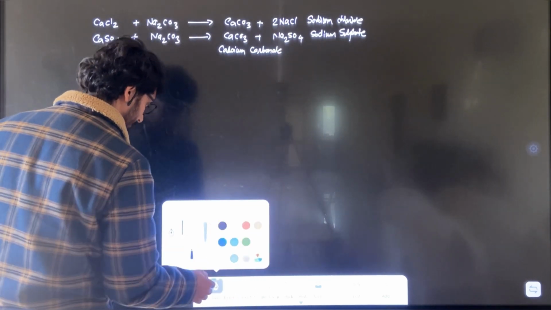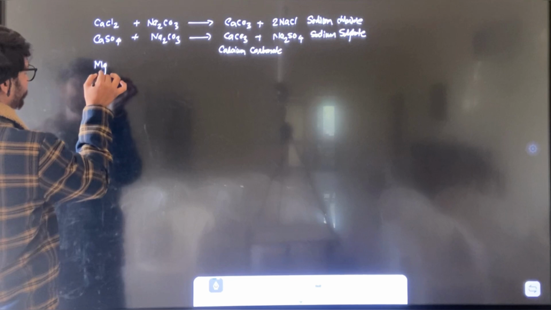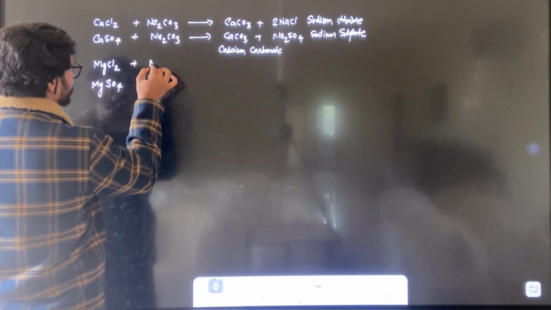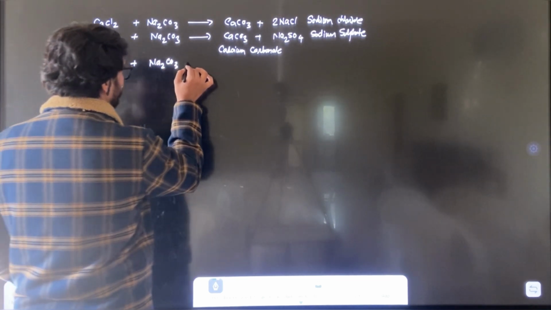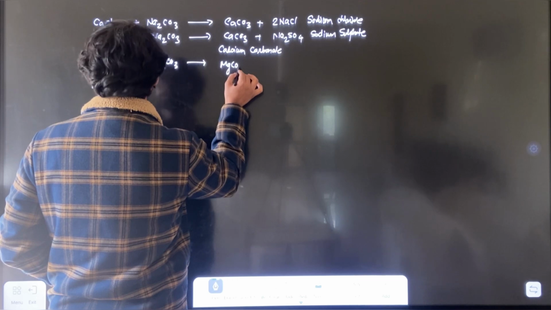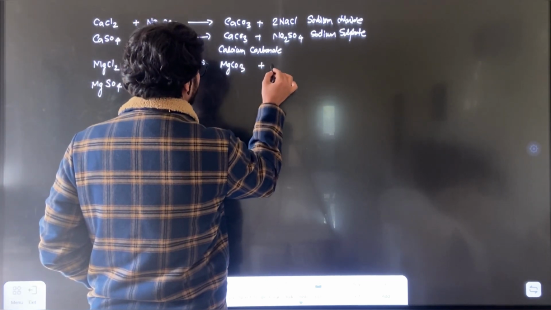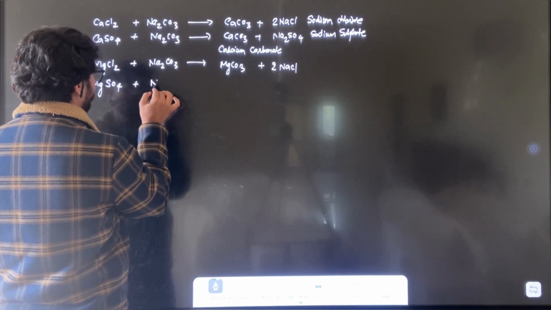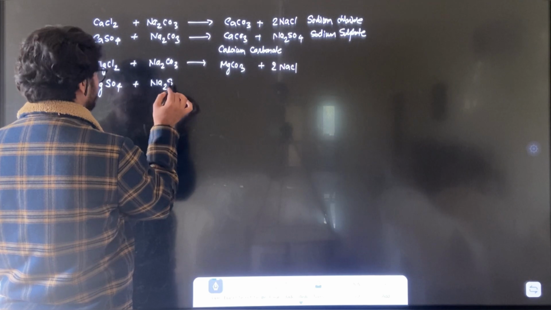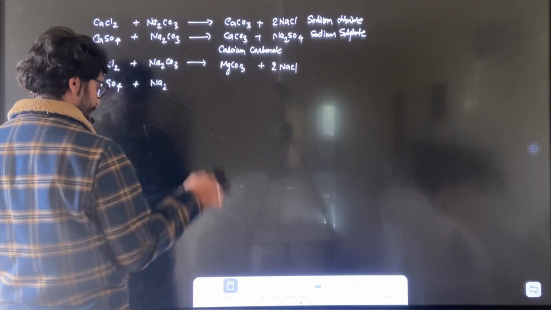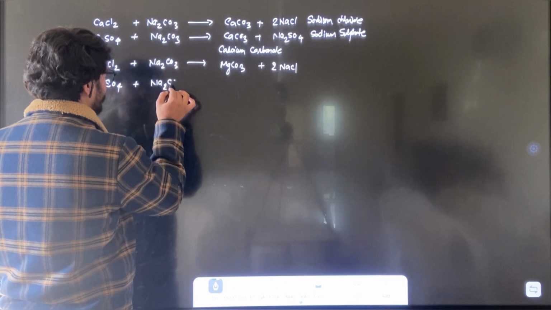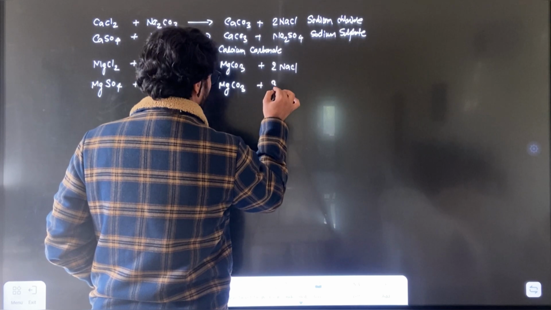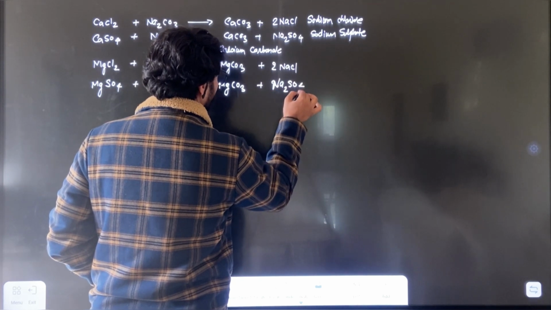Similarly, if we have a salt like magnesium chloride and it reacts with soda, then we get magnesium carbonate and 2 moles of sodium chloride, right? And if we have magnesium sulfate and it reacts with soda, we get magnesium carbonate along with Na2SO4, right?